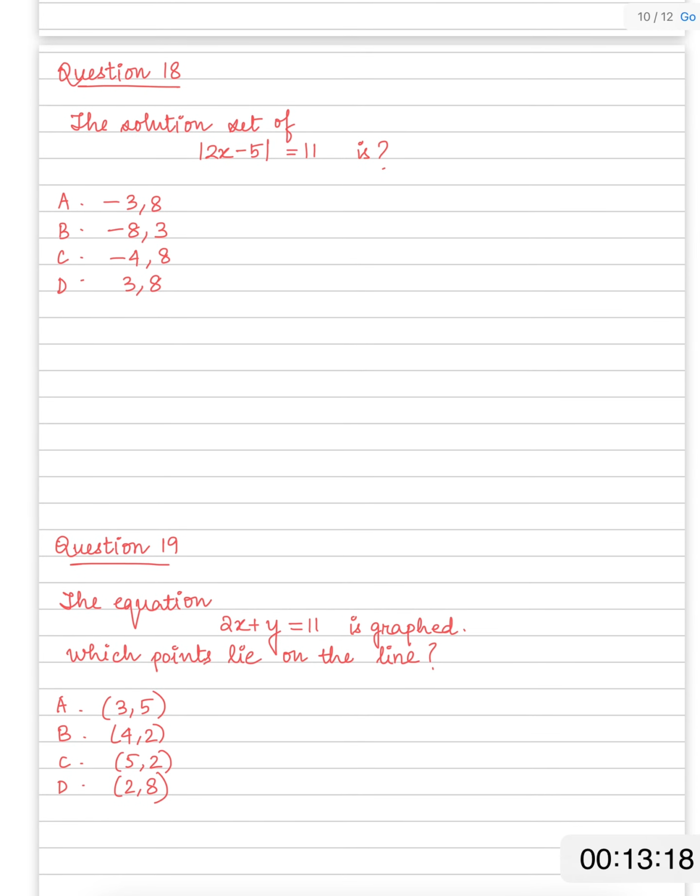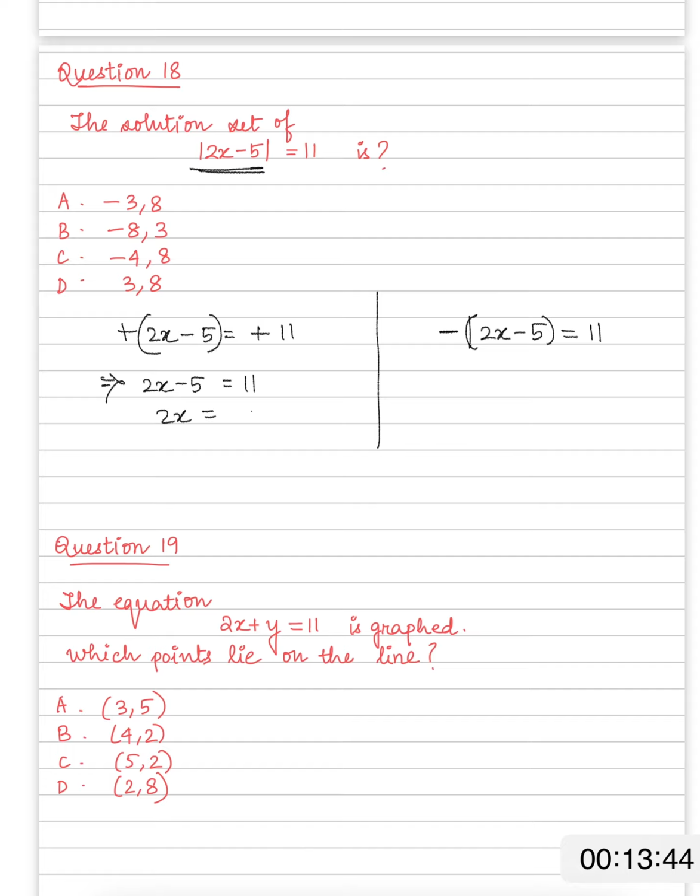Now for question 18. So it's the absolute value, right? So there are two choices. 2x minus 5 equal to plus 11, right? Or it is minus of (2x minus 5), which is equal to 11. Let's solve this. 2x minus 5 equal to 11, 2x equal to 16, x equal to 8.